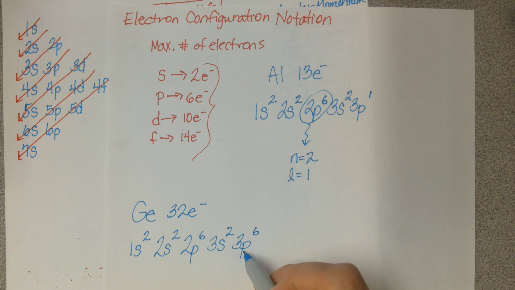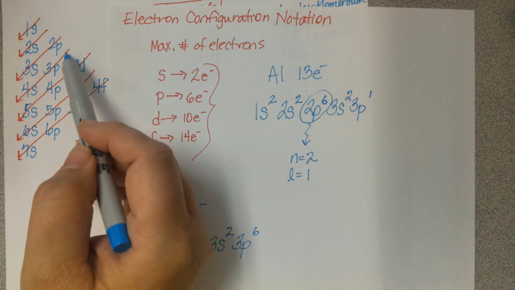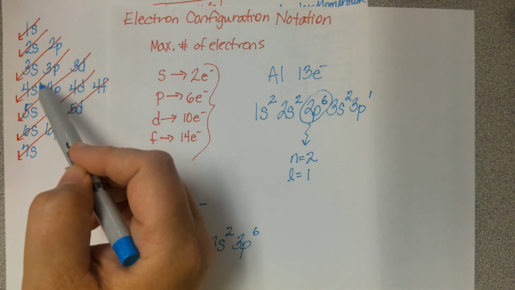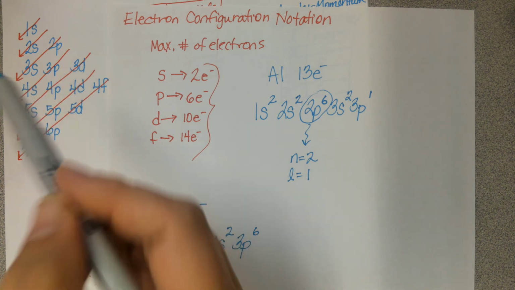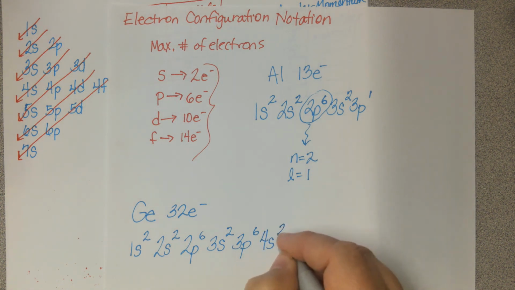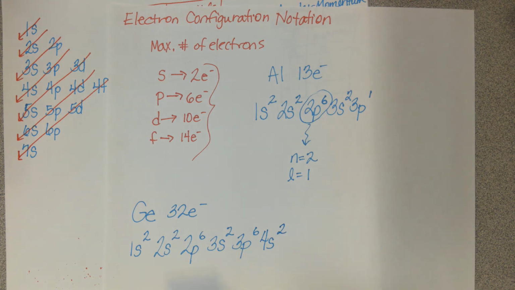Because it's a p, it has 3 orbitals, times 2 electrons in each orbital gives us that 6. And then what comes after 3p? This is where some of us mess up if we're not following the diagram. So we end up at 4s. So 4s is next, and s sublevels with 1 orbital can hold 2 electrons.